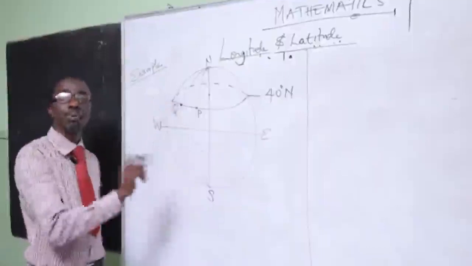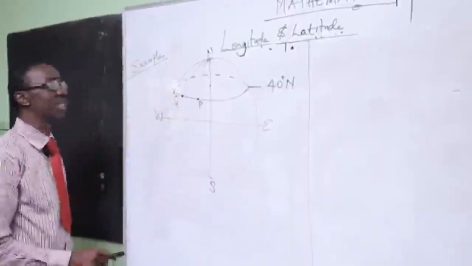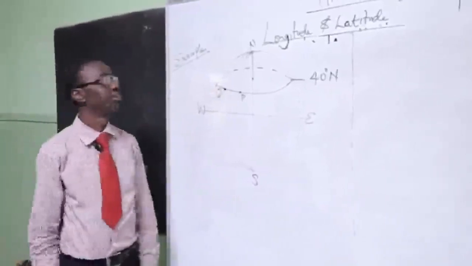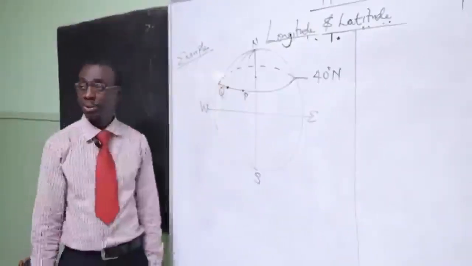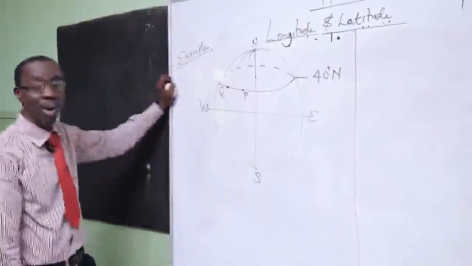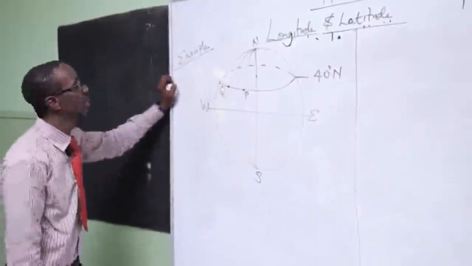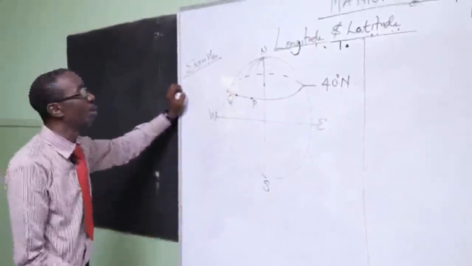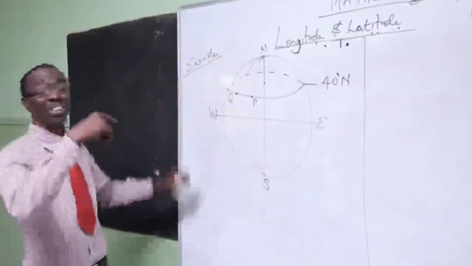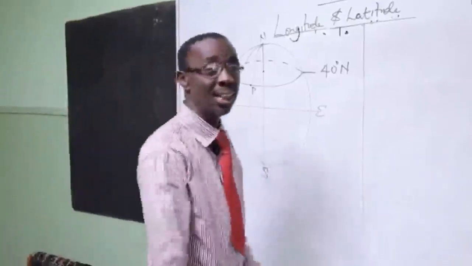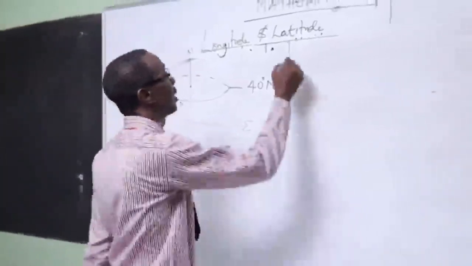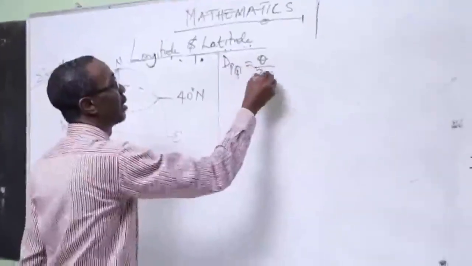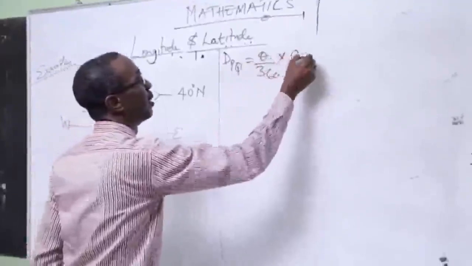So this problem is a small circle problem because I can see two longitudes placed on the same latitude. Therefore, the first thing that should cross your mind, even when they are not asking you yet, is that the distance between P and Q is theta over 360 times 2 pi small r.